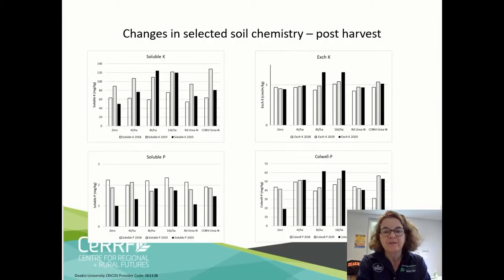Phosphorus, particularly Colwell P, is looking like it is accumulating in soils, and so by taking soil tests, this might have to be managed appropriately.